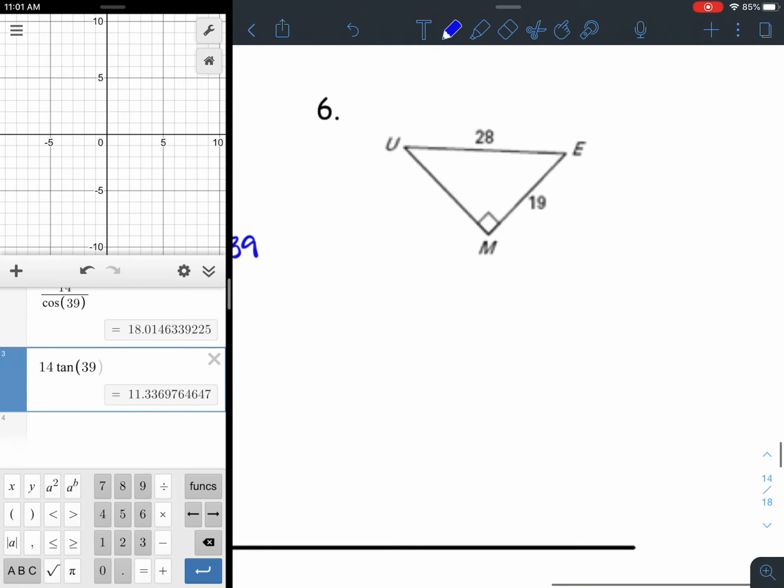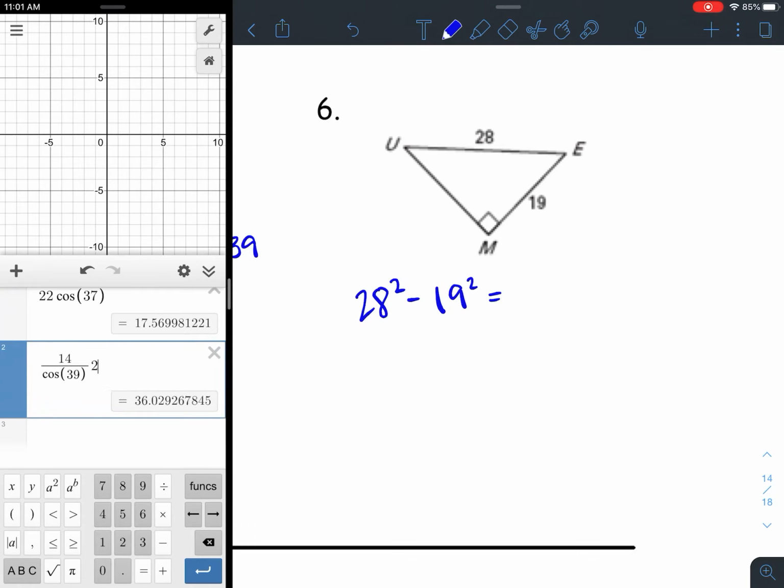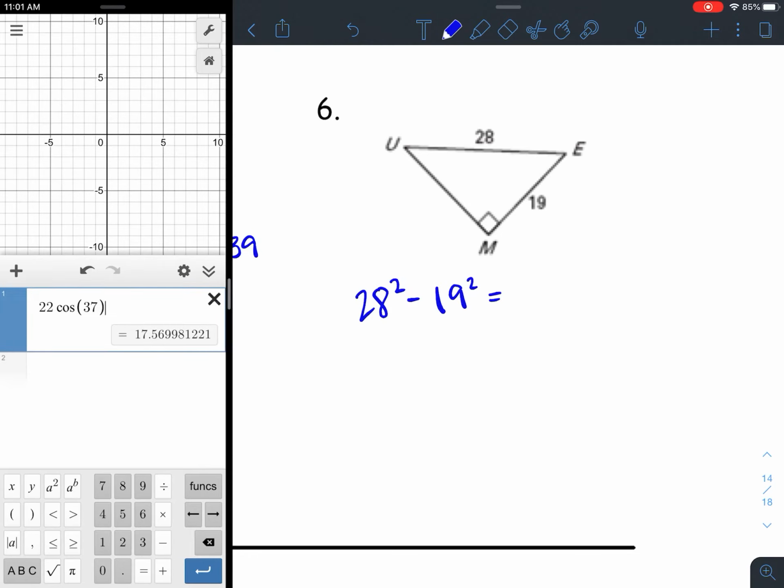And last one. In this case, we do have some angles that we need to find. We can go ahead and use our Pythagorean theorem to solve for UM. So I'm going to set this up. 28 squared minus 19 squared is 423.